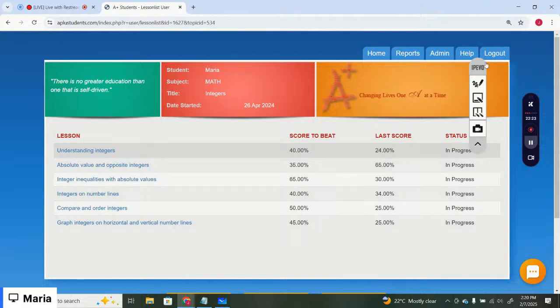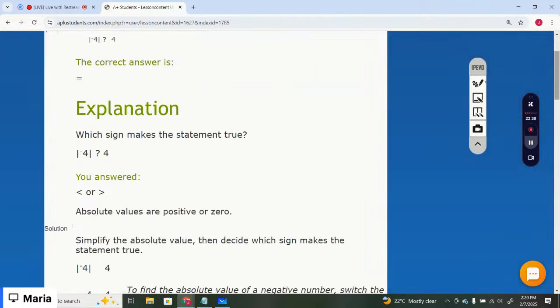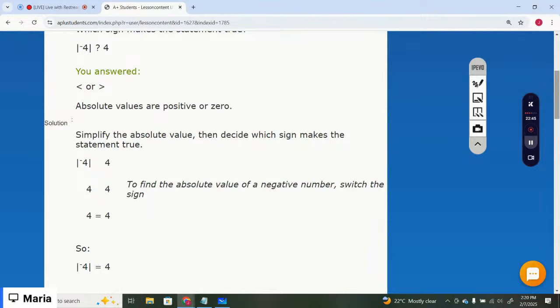Integer inequalities with absolute values. Which sign makes the statement true? The absolute value of -4 and 4, you have to compare them. Either they are greater or smaller. Absolute values are positive or 0. Simplify the absolute value, then decide which sign makes the statement true.